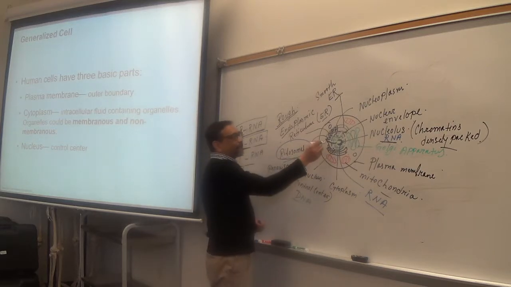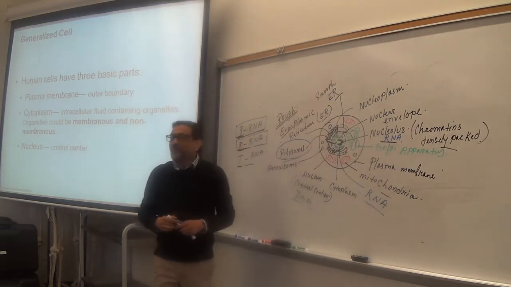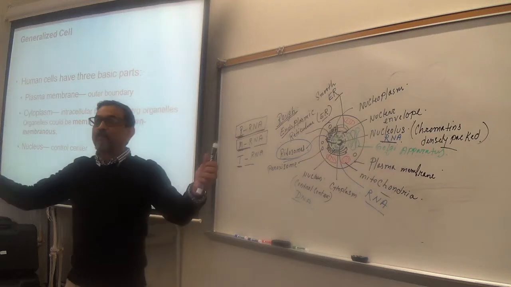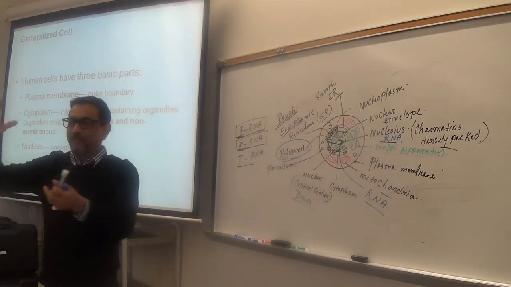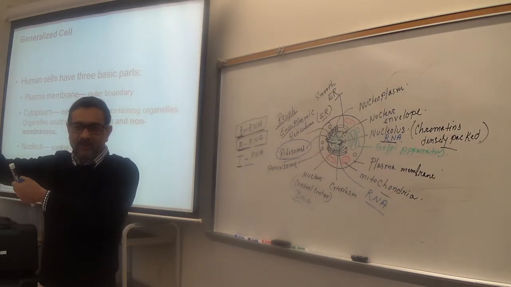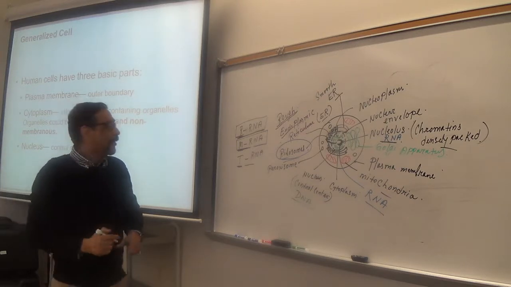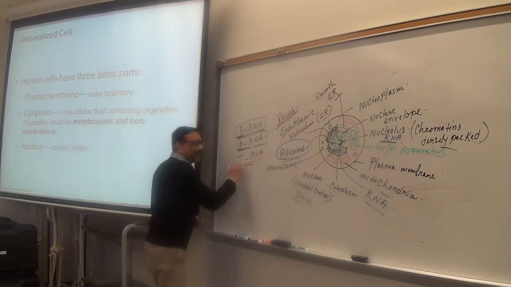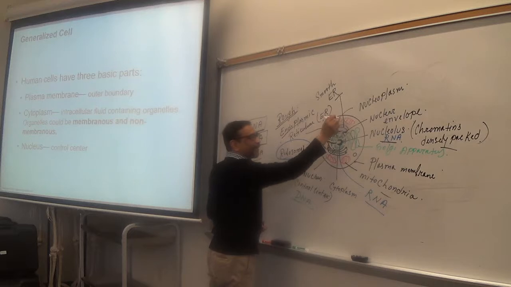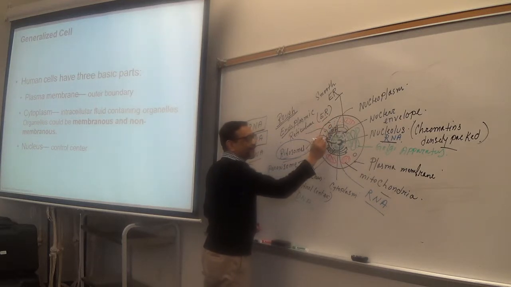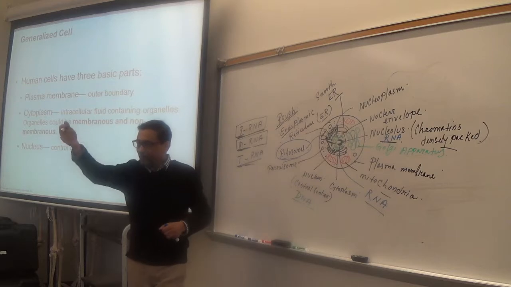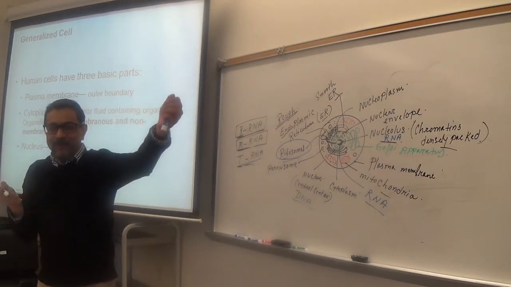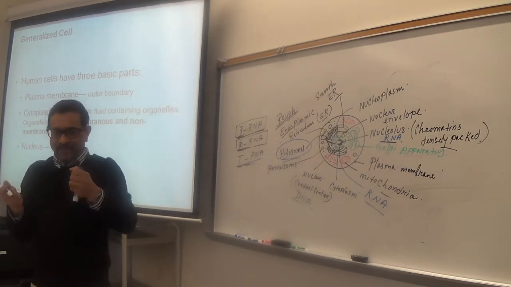Now, what else do you need to build the building? Materials, right? Like bricks or blocks, you need those things. So transfer RNA brings the amino acids from the cytoplasm to the ribosomes, because the ribosomes got the plan, but now they need the raw materials, right?